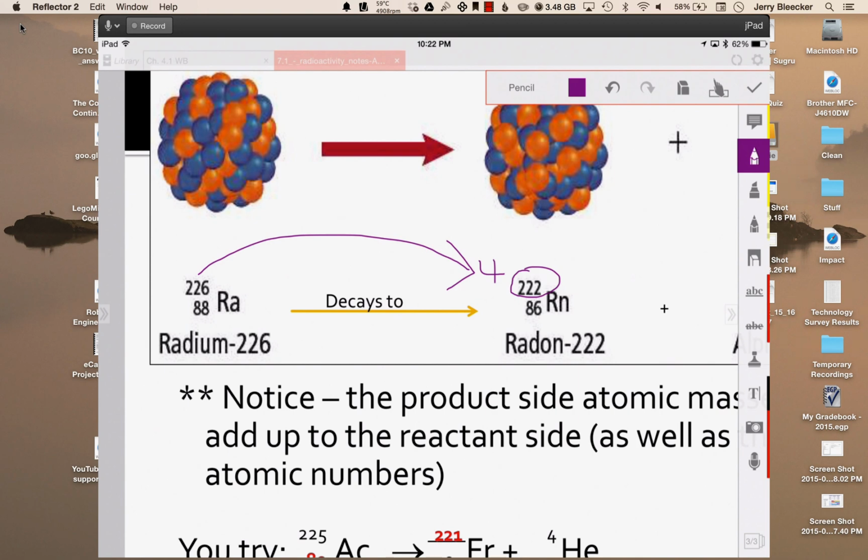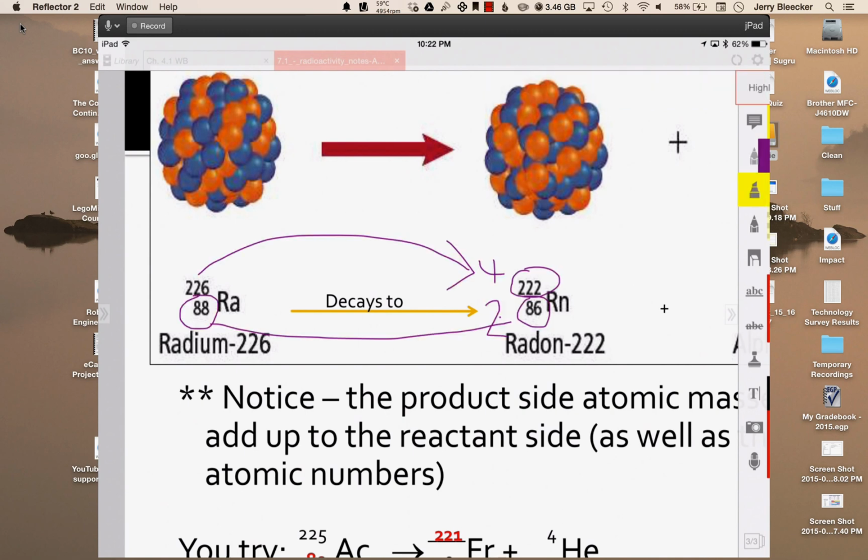And here it loses 2 protons. And this is the reason why. Let's just connect the dots there. There's your loss of 2. Which is why this element is now element 86 on the periodic table. So now we're no longer radium.